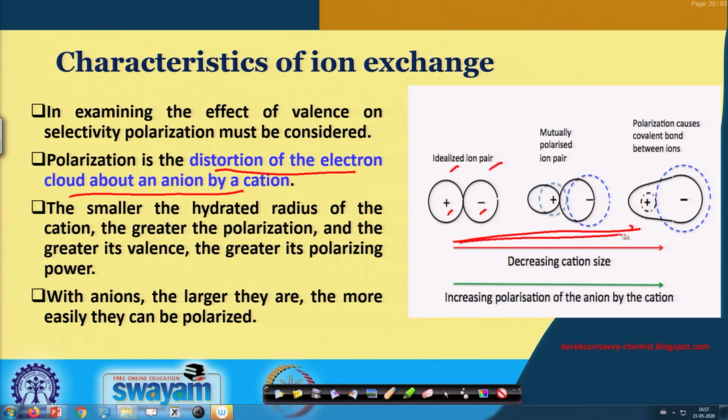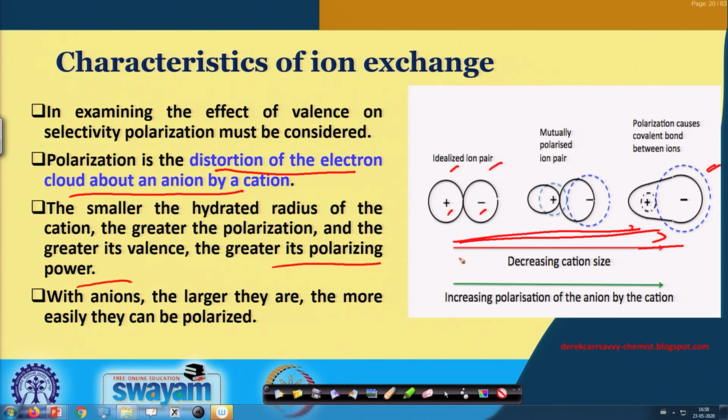As we go from this idealized ion pair to a mutually polarized ion pair to this highly polarized ion pair, we can see the polarization increases. The greater the valence, the greater the polarizing power.